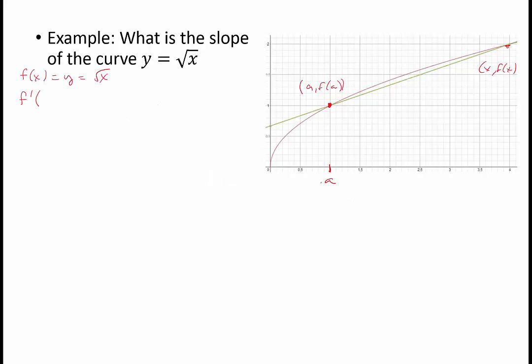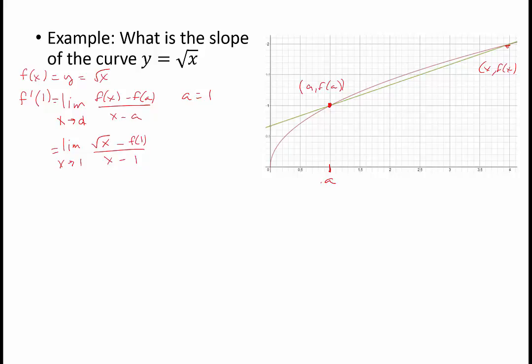then I can say that f prime of 1, which is to say a is equal to 1, is equal to the limit as x gets closer to 1. I'll write it out in the original form, f of x minus f of a over x minus a, or the limit as x approaches 1 of f of x, which is the square root of x, minus f of 1 over x minus 1.